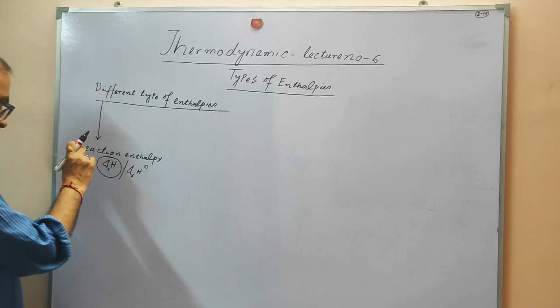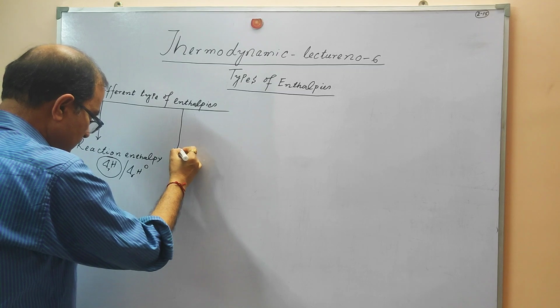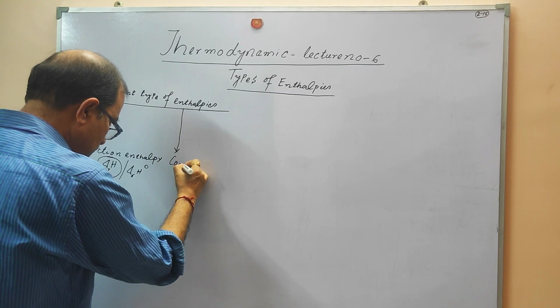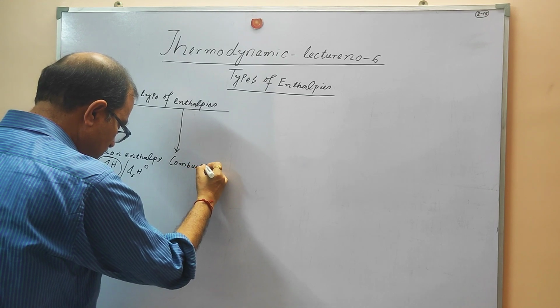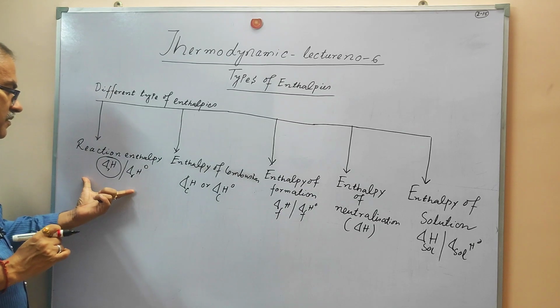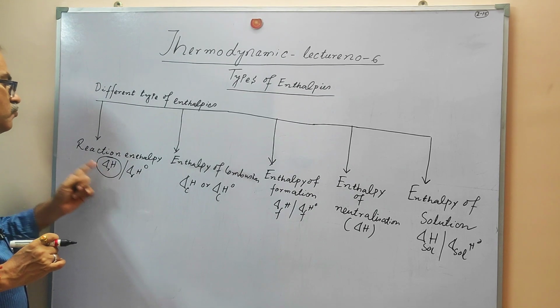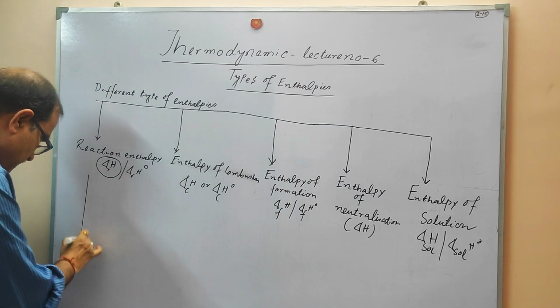So first we will discuss the reaction enthalpy, and it is denoted by delta H and small r. What is reaction enthalpy? Let us understand.